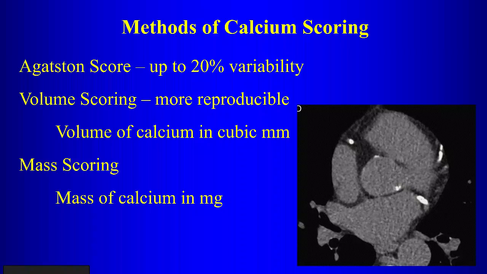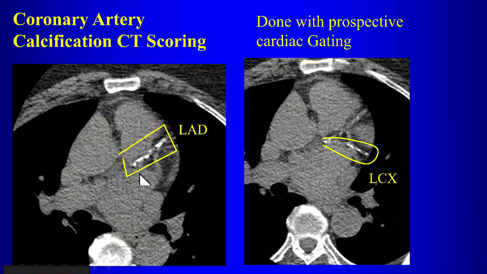Volume scoring is more reproducible if you actually just take the volume of the calcifications, but again, it's the Agatston system that has been most commonly used. And same thing with mass scoring, where you can measure them in milligrams, how much calcium is there. The software will give you all of these numbers, but people still use the Agatston scoring system for determining how to manage the patient.